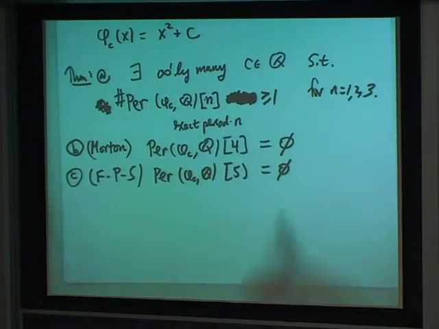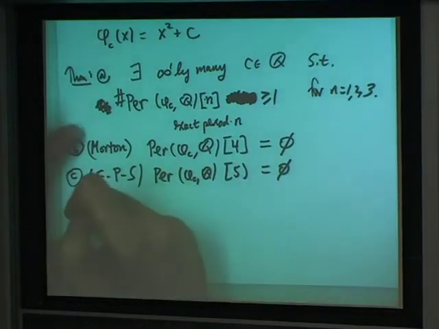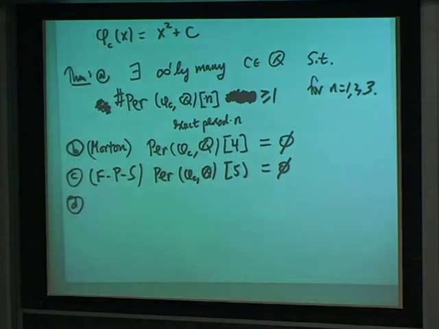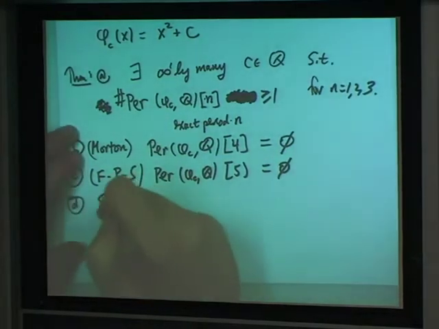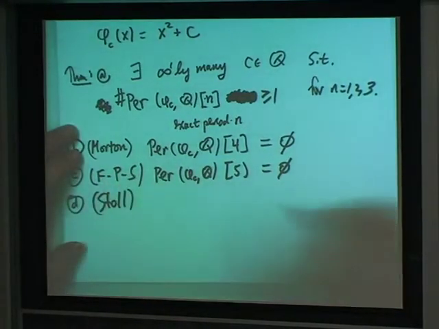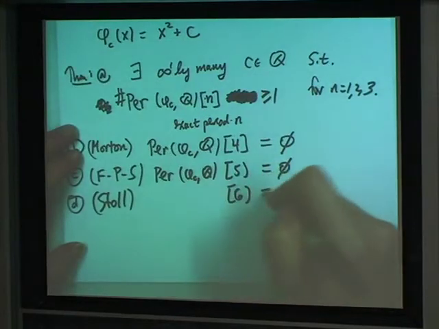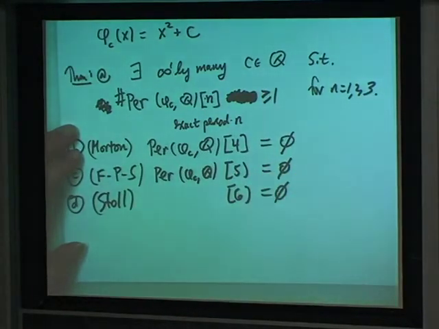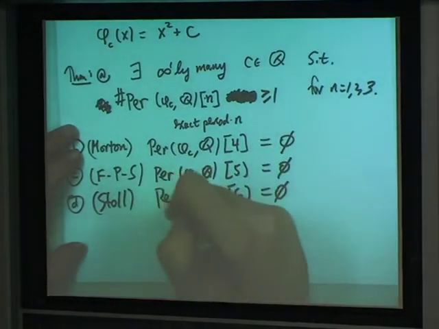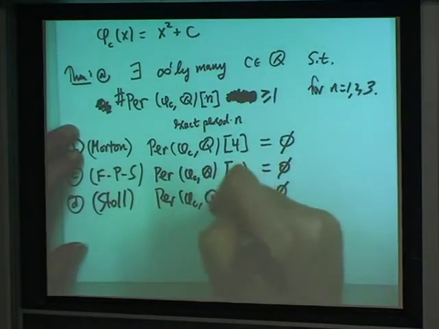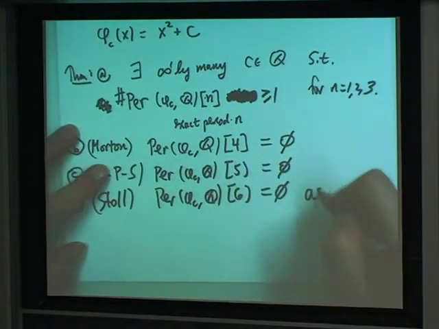All right. And just last year, Michael Stoll did the same thing for 6, well, conditionally. All he needed to do was assume that the Birch-Swinnerton-Dyer conjecture was true.